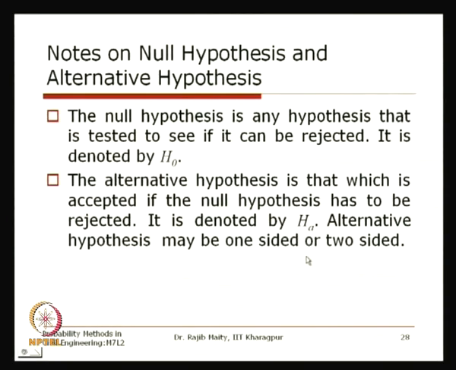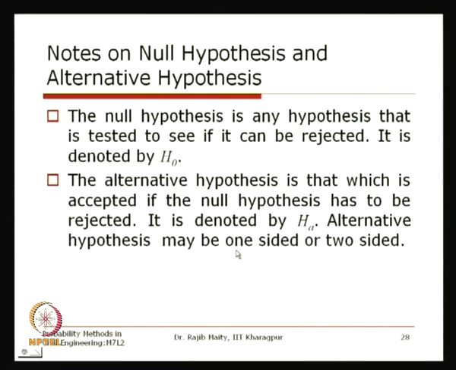We are using two terms, the null hypothesis and the alternative hypothesis. The null hypothesis is any hypothesis that is tested to see if it can be rejected. It is denoted by H naught. The alternative hypothesis is that which is accepted if the null hypothesis has to be rejected. It is denoted by HA.